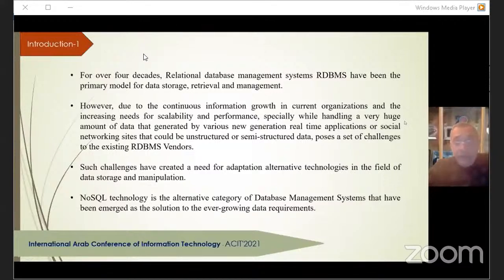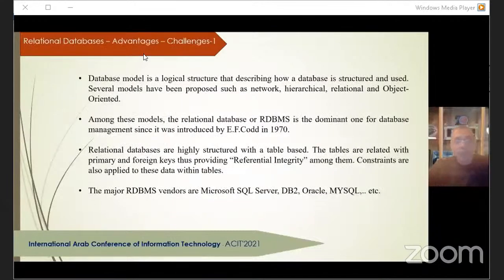Such challenges have created a need for adopting alternative technology in the field of data storage and manipulation. NoSQL technology is the alternative category of database management system introduced as a solution to the ever-growing data requirements.